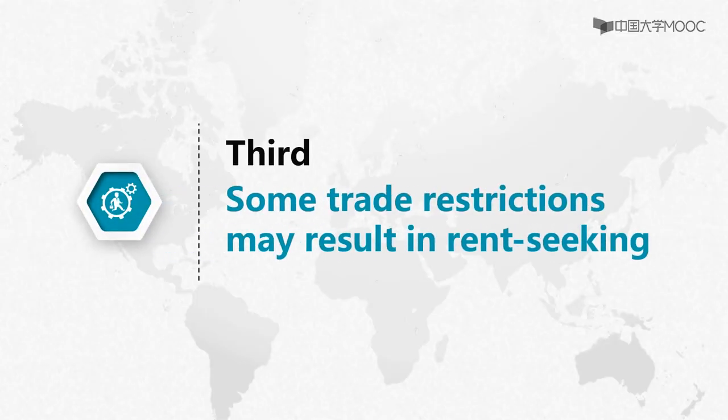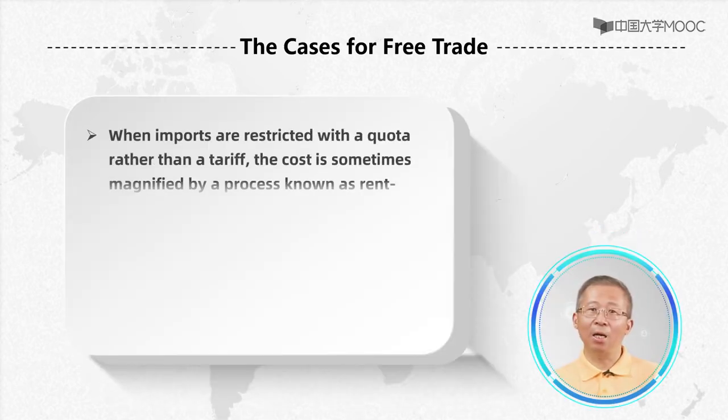Third, some trade restrictions may result in rent-seeking. When imports are restricted with a quota rather than a tariff, the cost is sometimes magnified by a process known as rent-seeking.